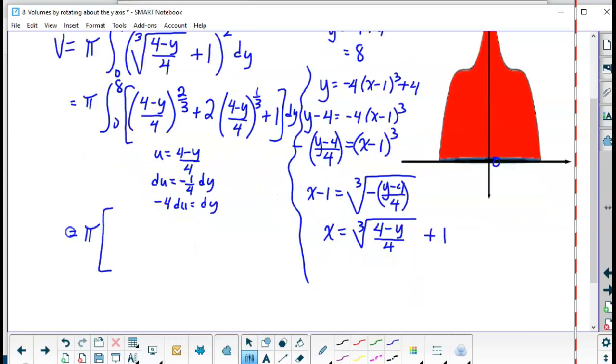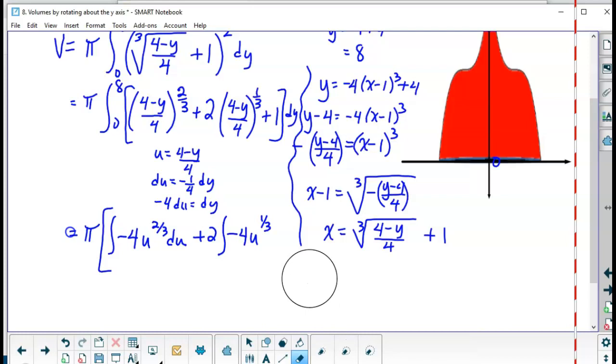Pi. Okay, what are we going to have here? So we're going to have the integral of u goes in there, so u to the 2/3. So it's going to be negative 4u to the 2/3 du plus 2 integral of negative 4u to the 1/3 du.